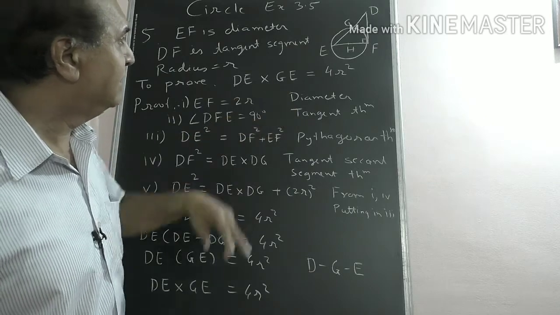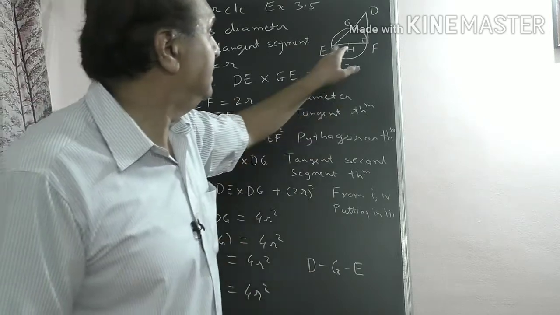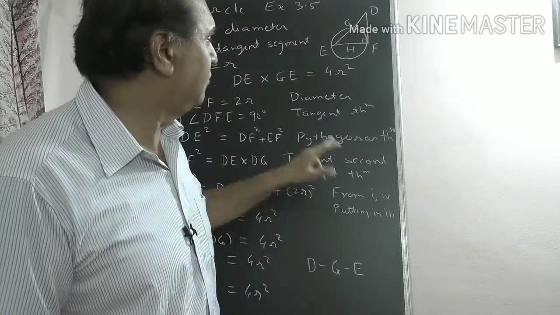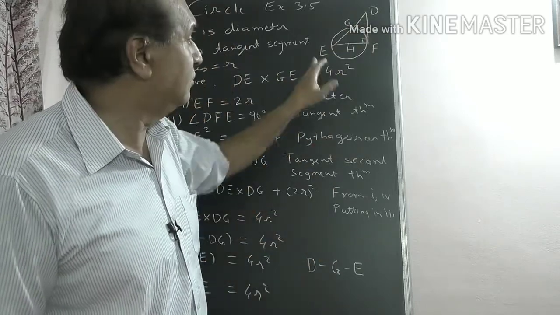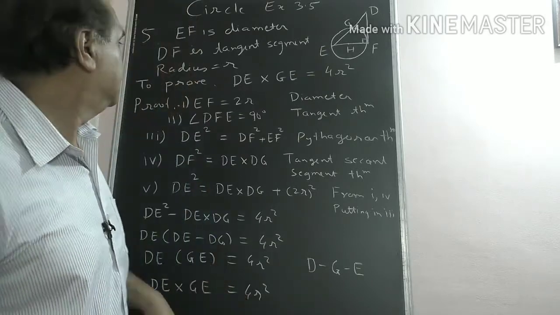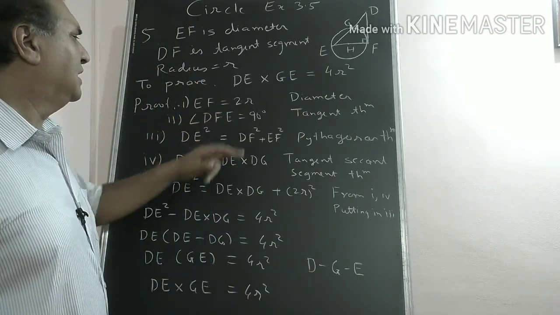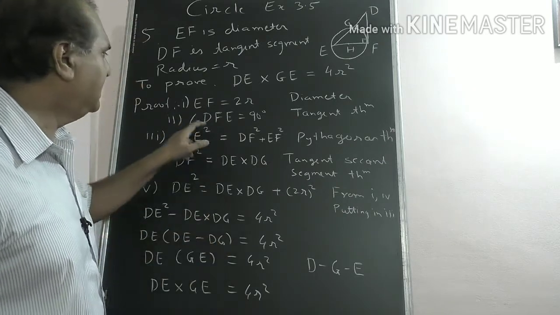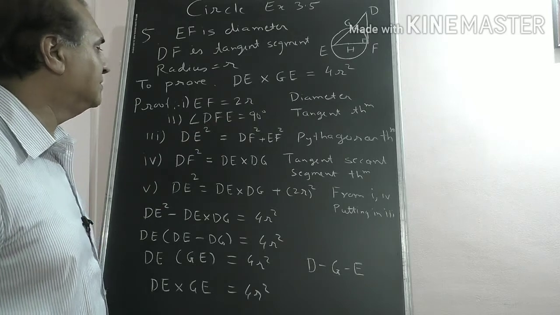Okay, so EF will not come in our tangent secant theorem, DF square is DE into DG. So 4R square we want, so we want EF. So we have to go for Pythagoras. EF equal to 2R, it's a diameter because radius is R, diameter is 2R, simple. Angle EFD is 90 degrees, it's a tangent theorem.